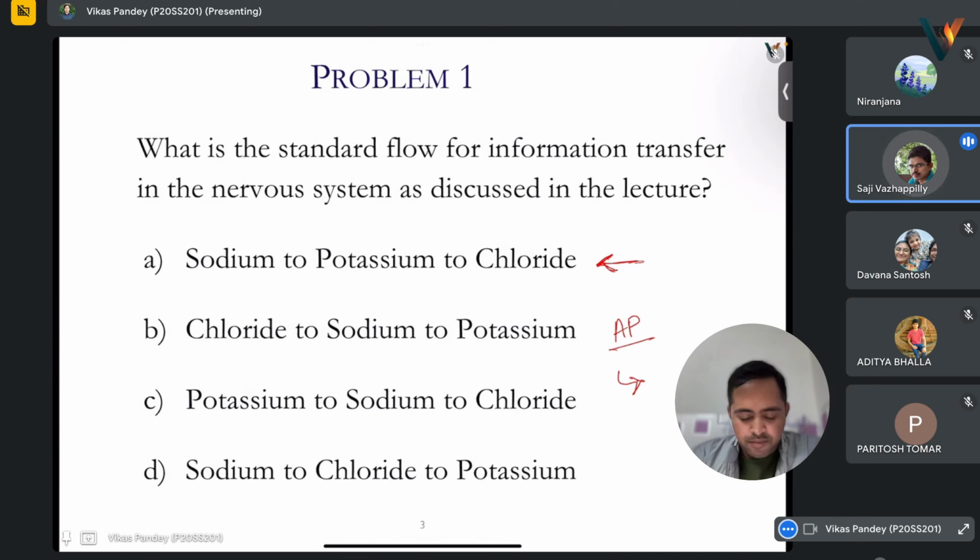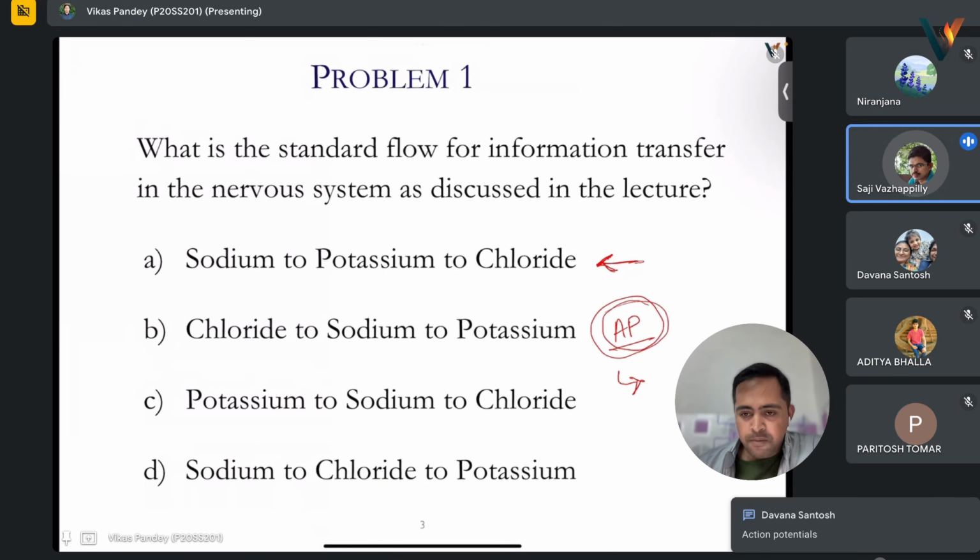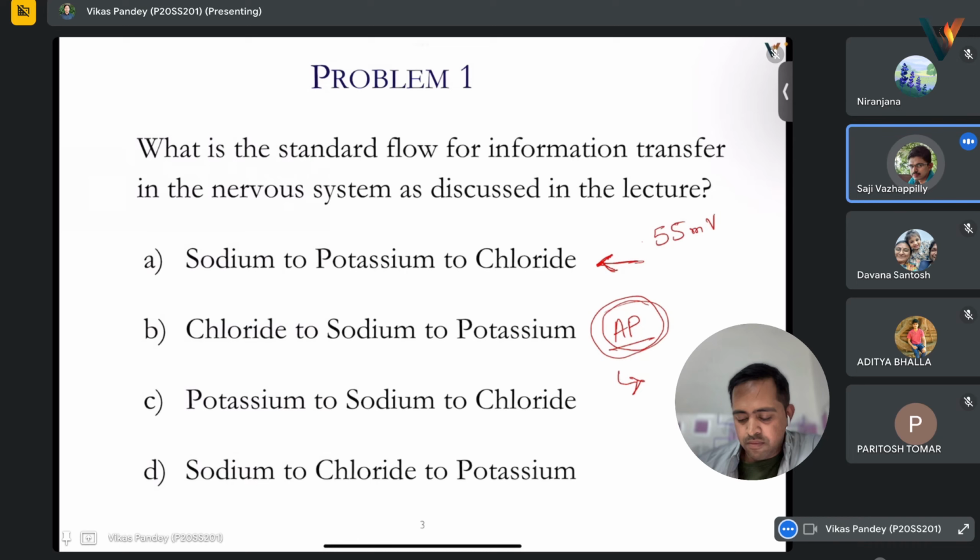Initially, we have to get activation potential. Yeah. So for activation potential, we need that threshold of 55 millivolts. For that, initially sodium will come in and the potential will change, and then potassium goes out of the cell, and like that it is maintaining that activation potential.